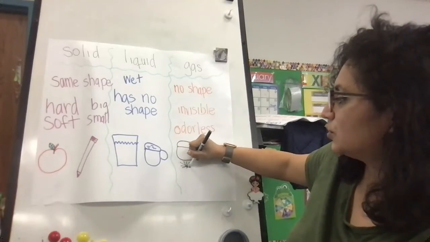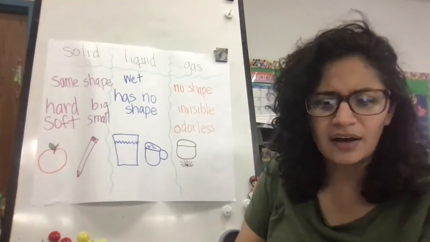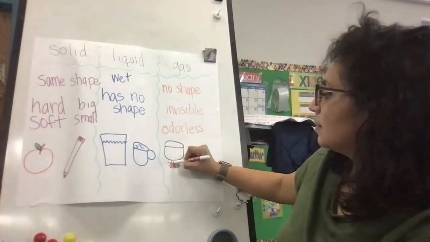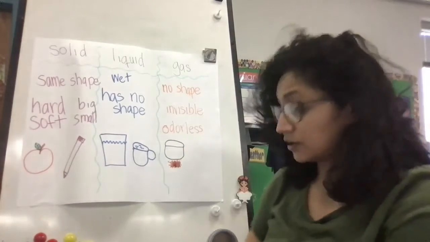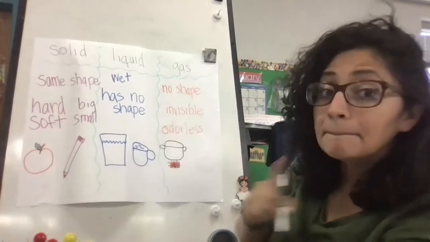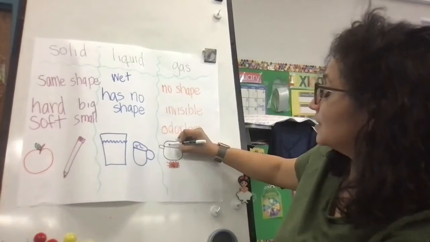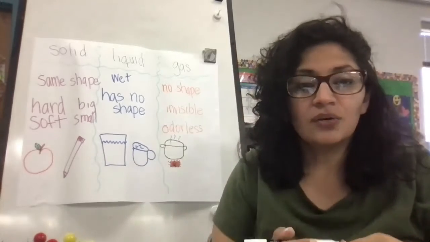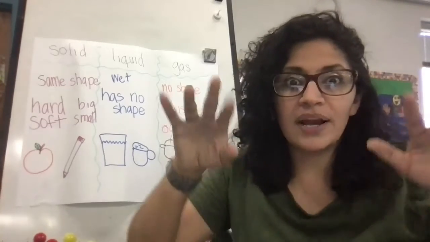And what did the stove have? Yeah, it had a flame because it was heating up that water that was inside. And so what was happening to the water that was inside the pot? Yep, it was moving on up into the air. So it was evaporating into the air.